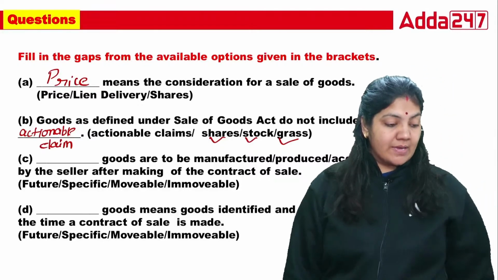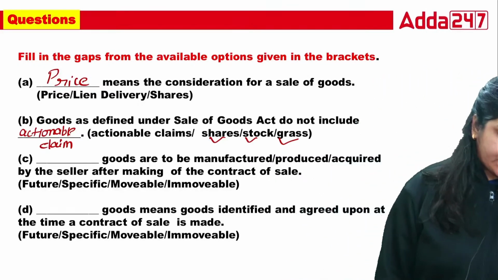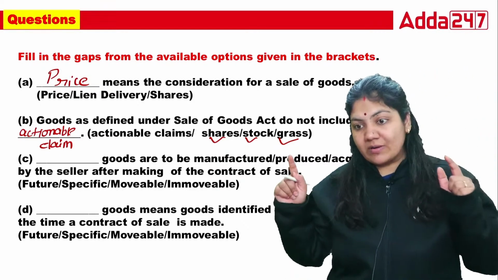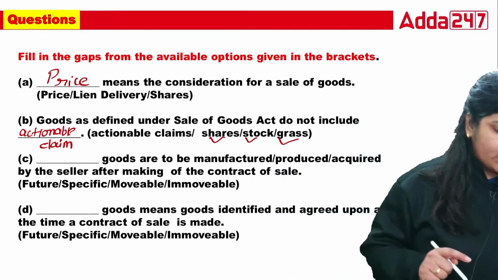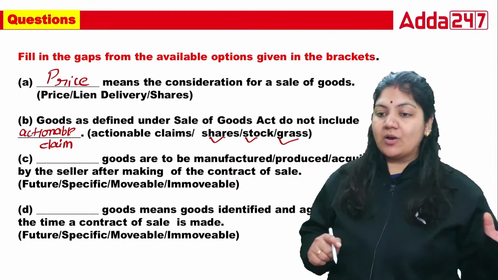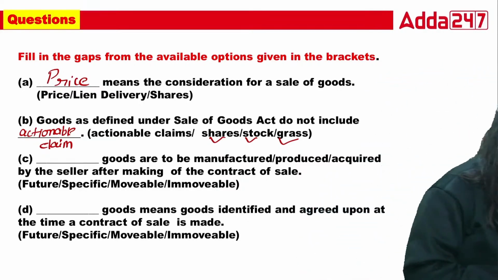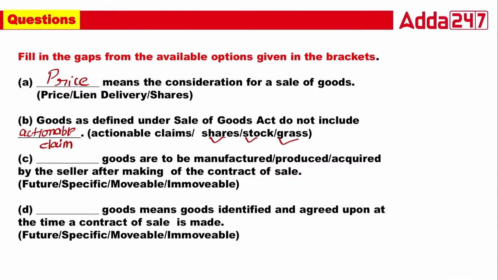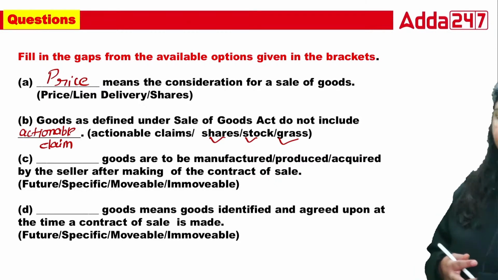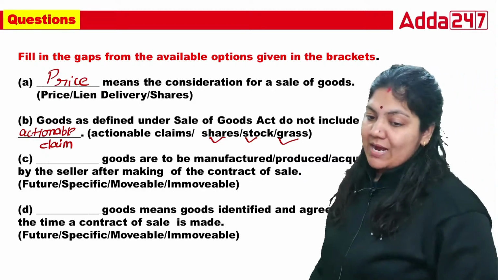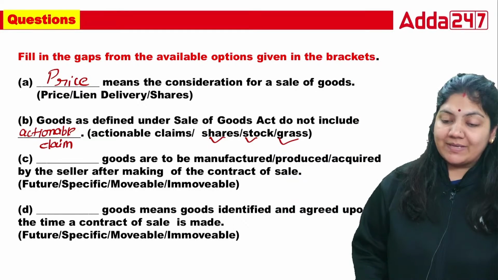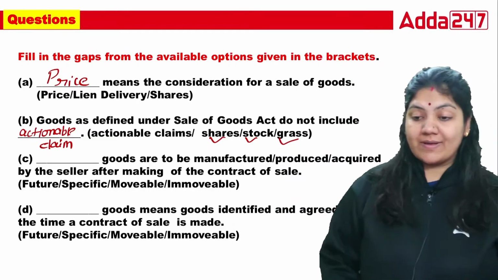Now, dash goods are to be manufactured, produced or acquired by the seller after making the contract of sale.